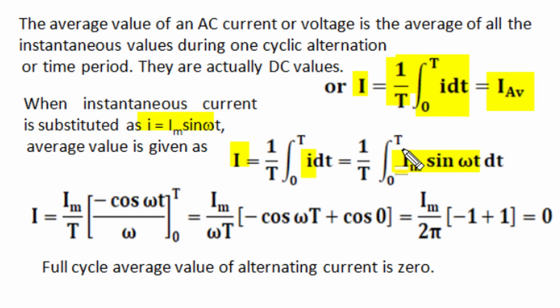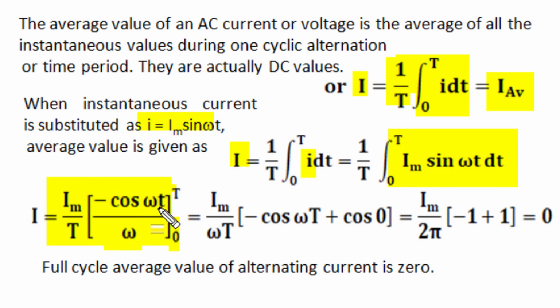If we express the instantaneous value of alternating current as Im sin omega t and perform this integration for one time period duration of the sinusoidal alternating current, then the integration of sin omega t is minus cos omega t divided by omega. After performing the integration, the limits of integration, starting at the 0 time instant and ending at the time period of one cycle, are brought to the integrated formula.